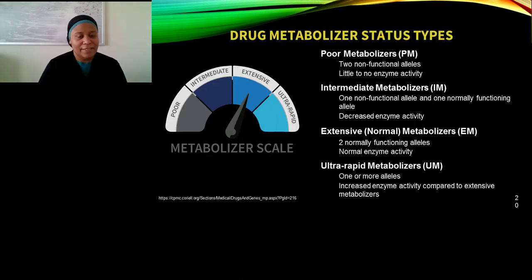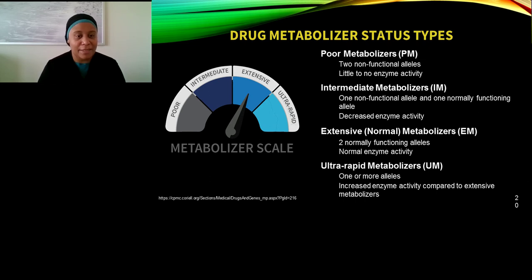So drug metabolizer status, and this is what shows up in most reports. You'll see a poor metabolizer, and this is where there are 2 non-functional alleles, basically little to no enzyme activity, and these patients will be classified as poor metabolizers. Then we have intermediate metabolizer, where they have 1 functional allele and one that has decreased functionality.